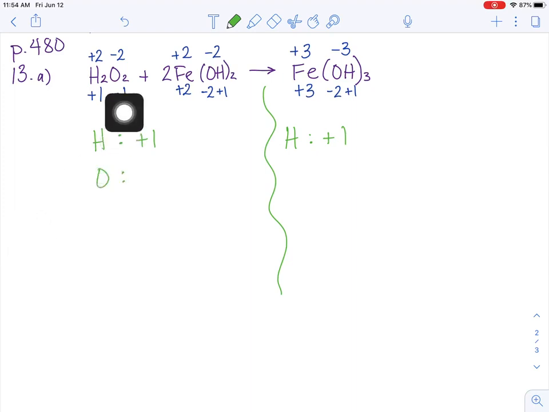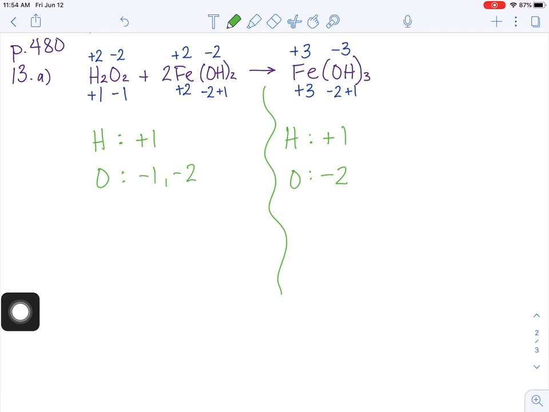Oxygen has a -1 here, a +1 here, sorry, a -2 here, and a -2 here. So we have some that are a -1, some that are a -2. And in the product side, all oxygens are a -2.